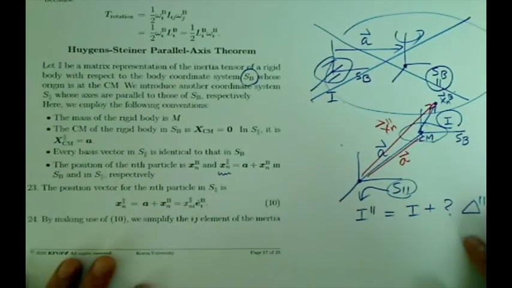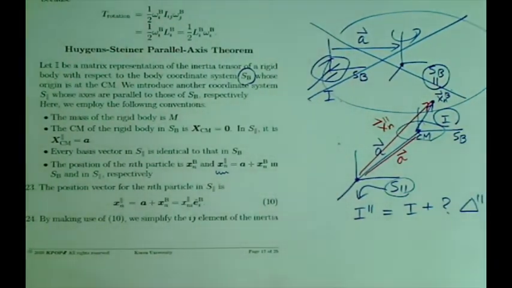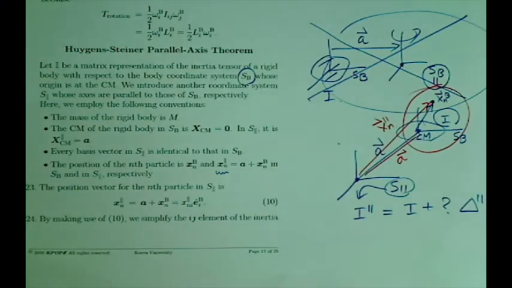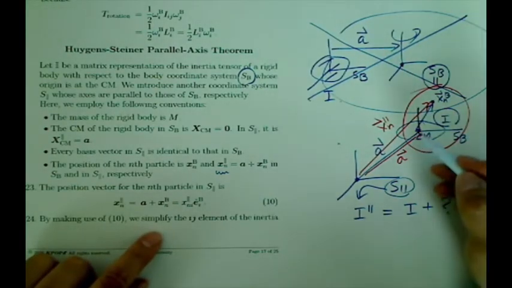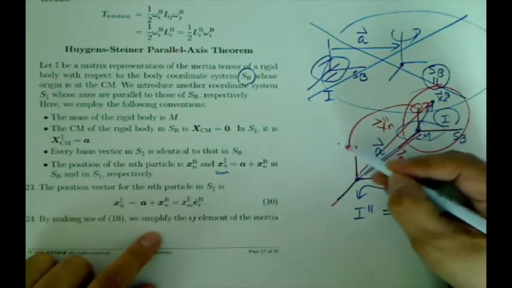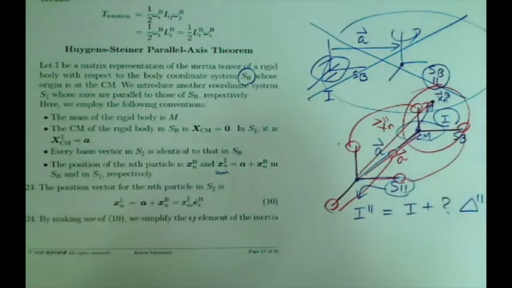Now let us consider the Huygens-Steiner parallel axis theorem. First, we have computed the inertia tensor in the body coordinate system, whose origin is at the center of mass of the rigid body. What happens if we introduce another coordinate system whose x, y, z axes, these two and these two, are all three parallel?